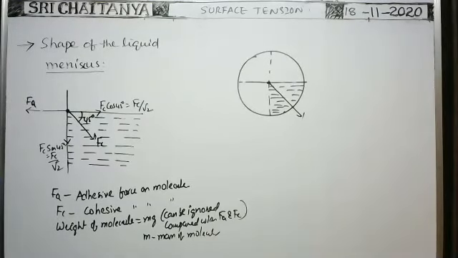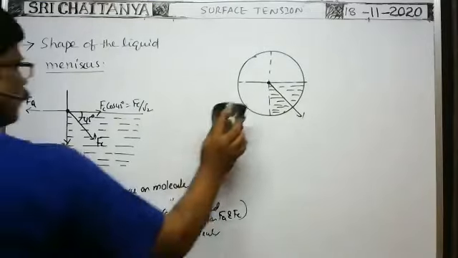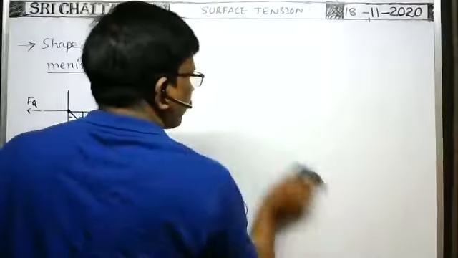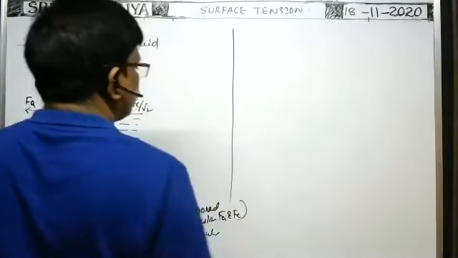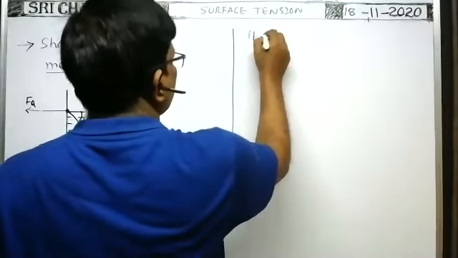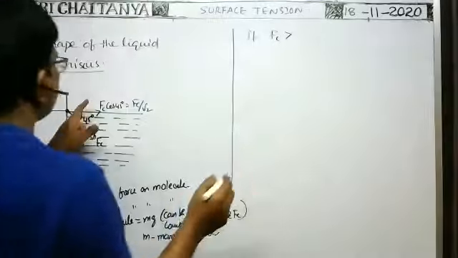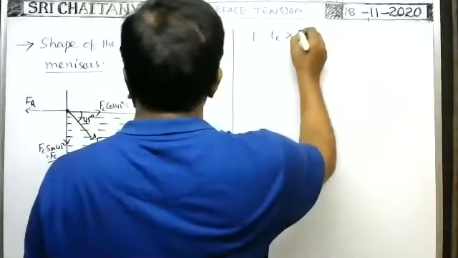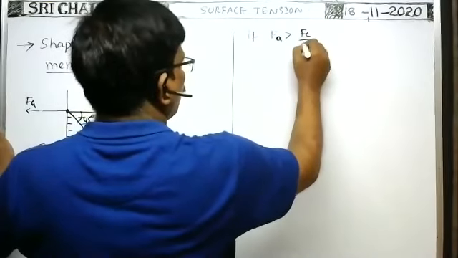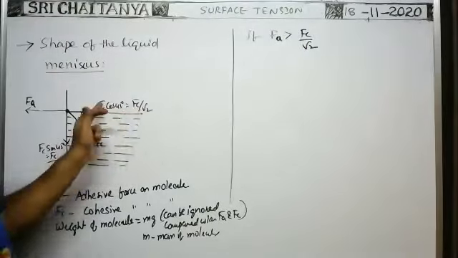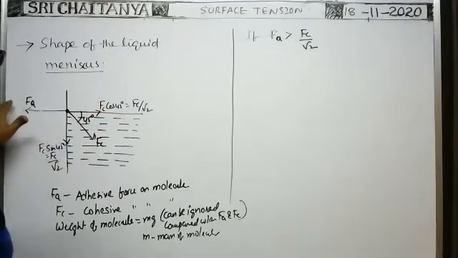Whenever, okay, from this, you see. So if Fa is greater than Fc by root 2, the net force is in this direction.